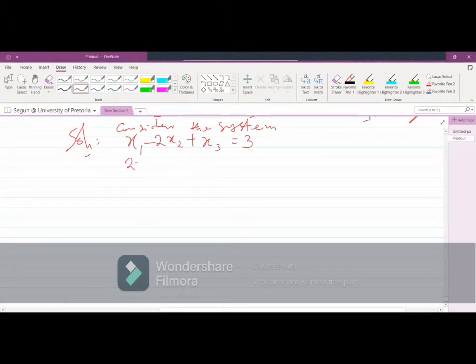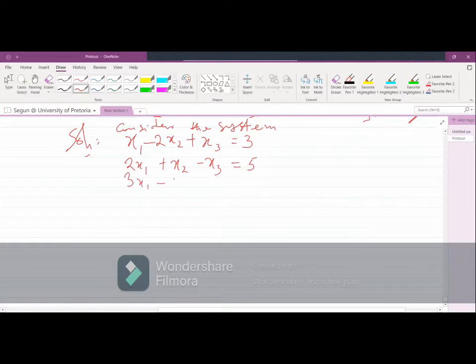It can be more than that. 2x1 plus x2 minus x3 equals 5. It's like when they ask you to solve this using the simultaneous method. We have different ways, but you can use a matrix to solve it.